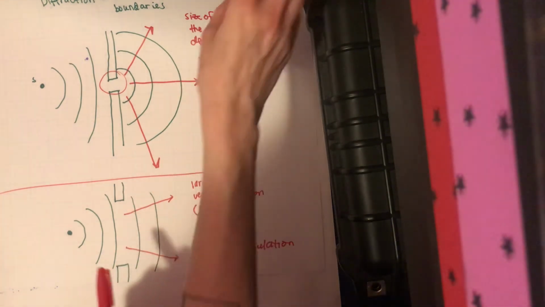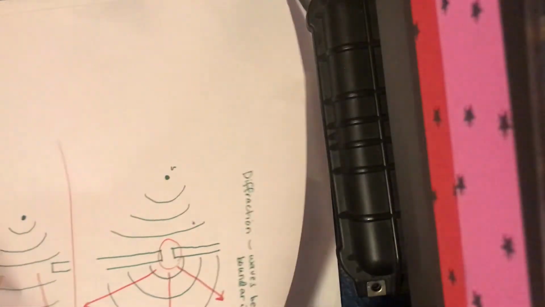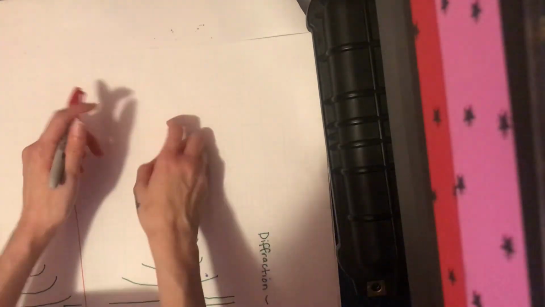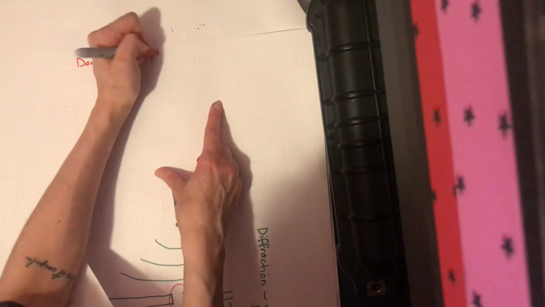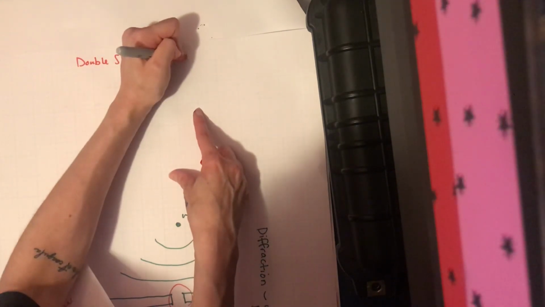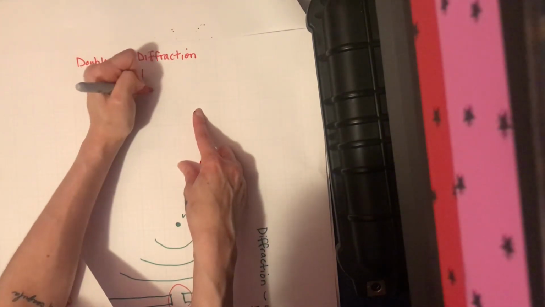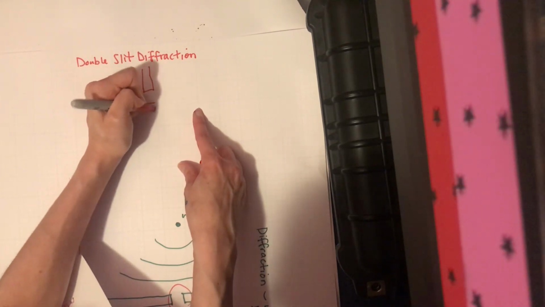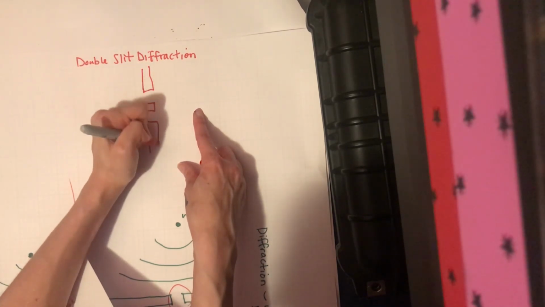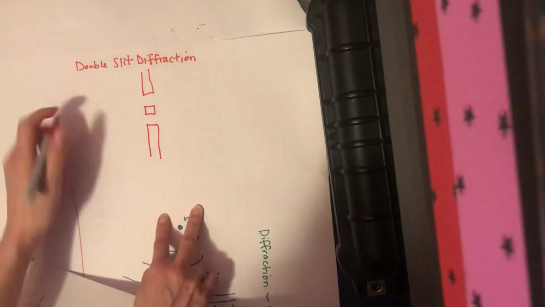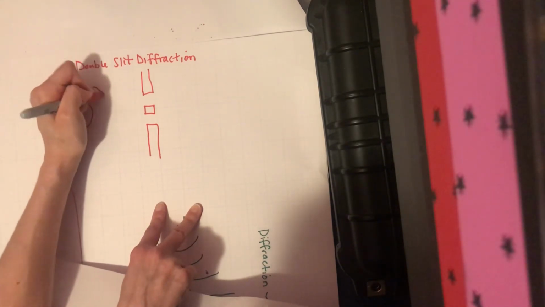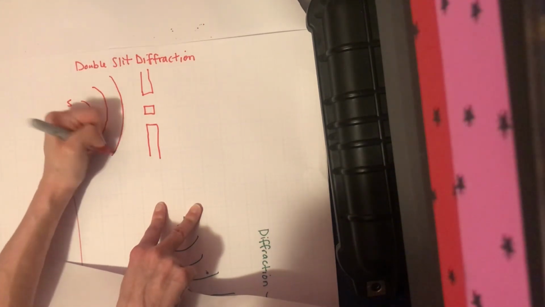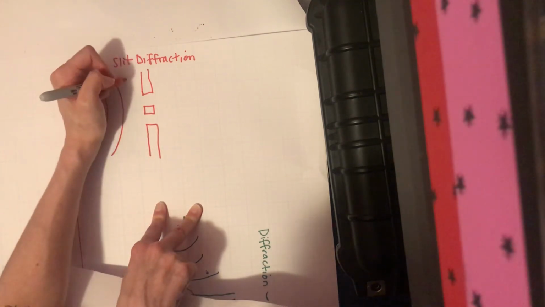I want to look really quickly at double slit diffraction with you. So double slit diffraction would be if you had 2 slits rather than 1, because this is actually going to cause wave interference. So let's say you had a little boundary here and here. And let's say you have one source on this side that's generating these concentric circles that are representing wave fronts.